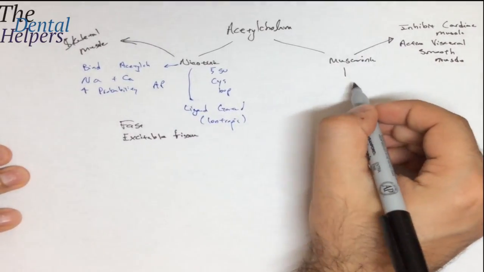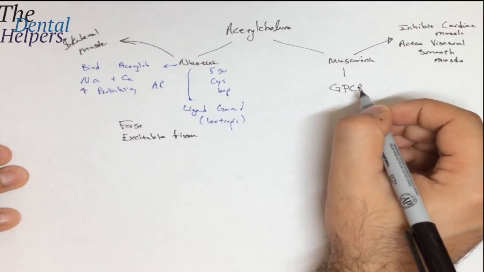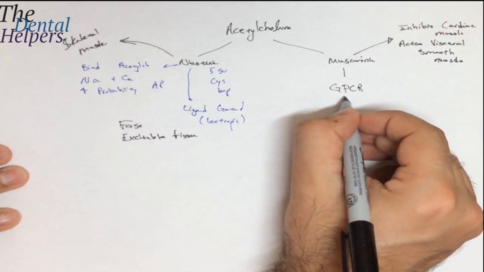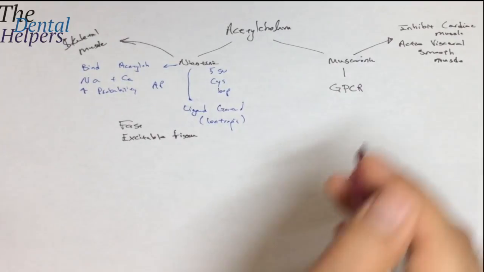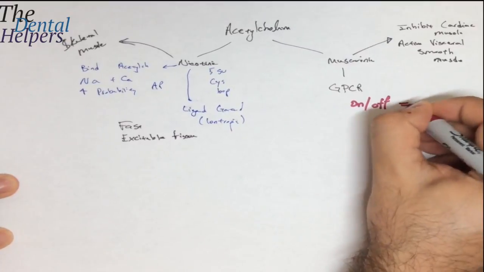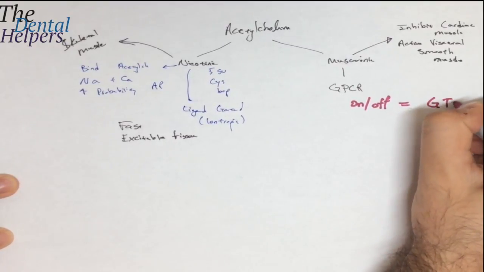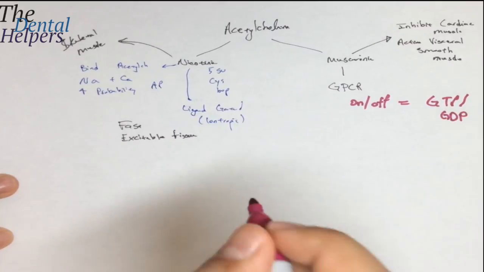And this is an example of a GPCR, a G protein-coupled receptor. As we know with GPCR, the on-off is going to be dependent on the GTP or GDP bound state.